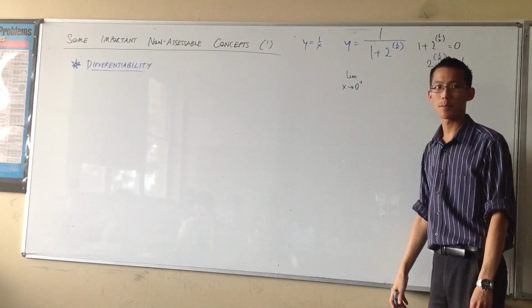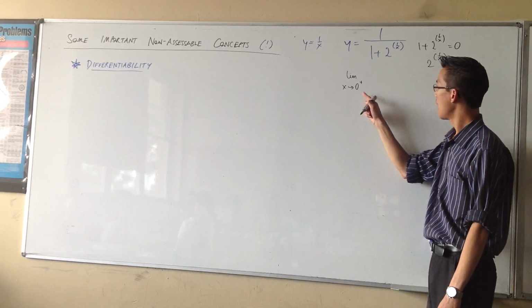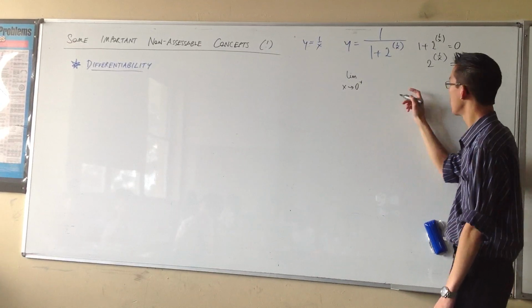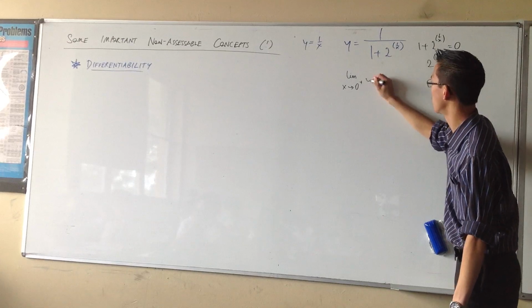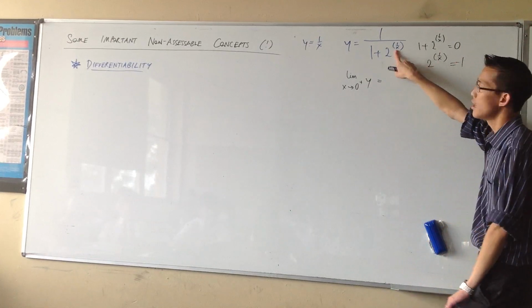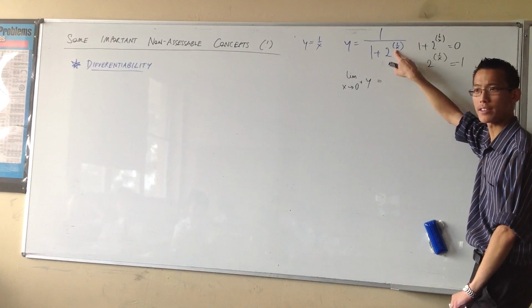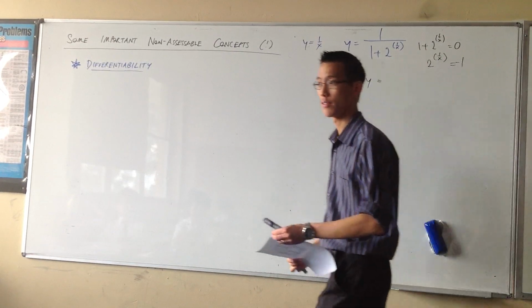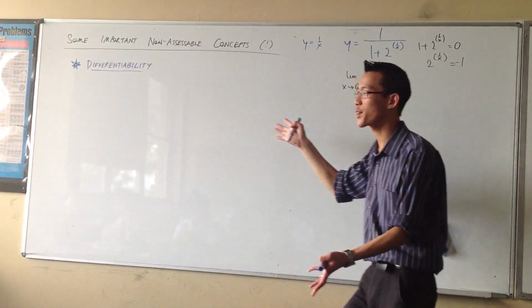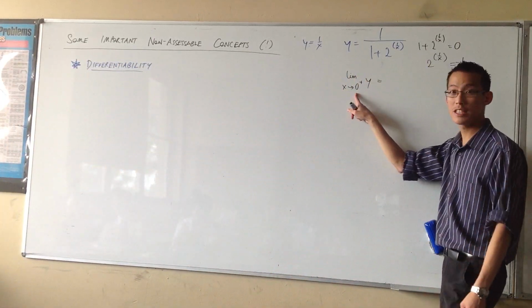So, I want us to think about, what's this thing doing as I approach 0 from the right-hand side? Okay, so, well, really, y. What's it doing, right? Well, as x approaches 0 from the right-hand side, what kind of numbers am I thinking of? I'm actually getting closer and closer, this is a limit, to 0, right?